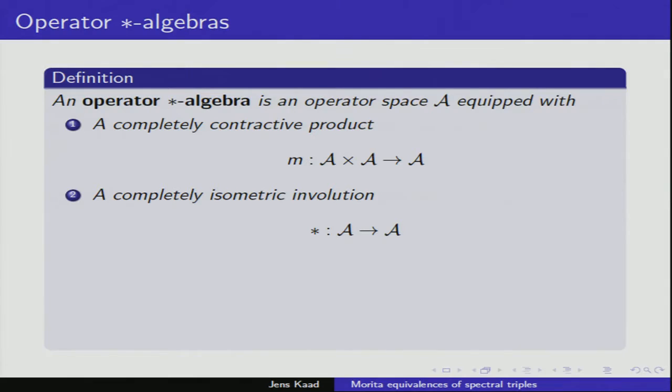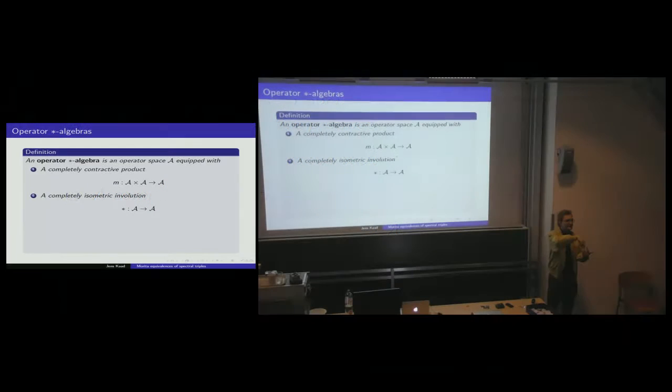Okay, I also want an involution. So I have an involution on A, and this induces an involution on n by n matrices over A. And in this way, each of the n by n matrices over A becomes a star algebra. And I'm now just saying each of these n by n matrices over A is a Banach star algebra. It's the only thing. So this is a completely isometric involution.